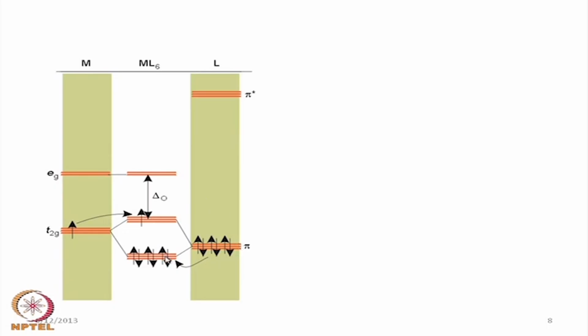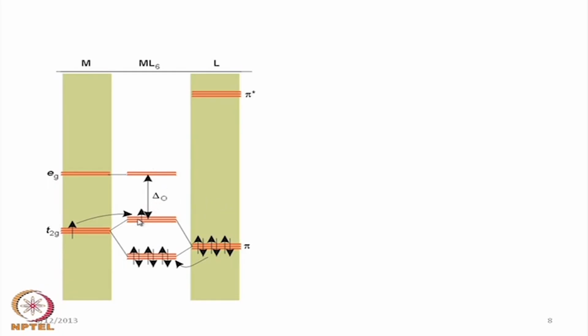So, these are the slight modifications we get due to the pi interactions from the ligand side, and we are all the time restricting our attention mostly to this particular region because it is very interesting for considering the ligand field strength or the crystal field strength, that means the delta O, in terms of arranging the different ligands in the spectrochemical series.